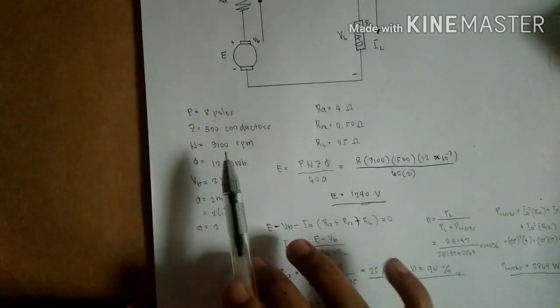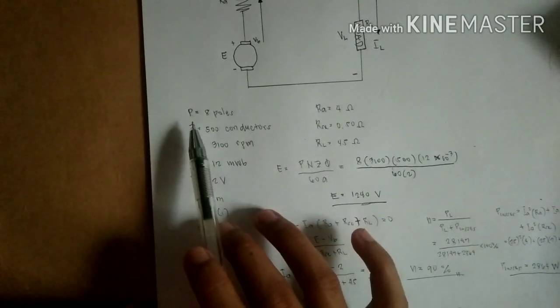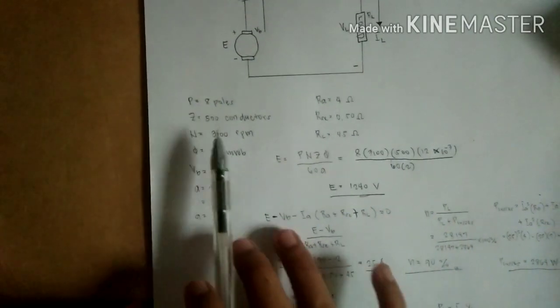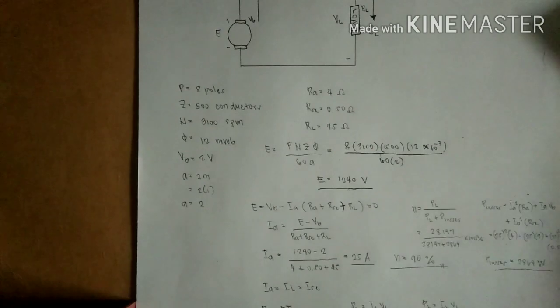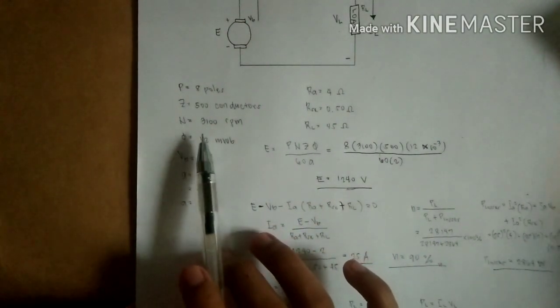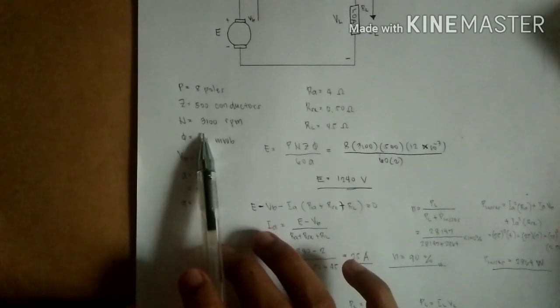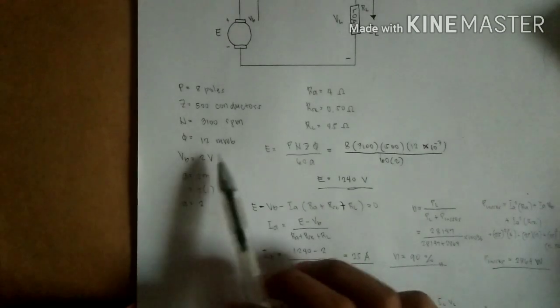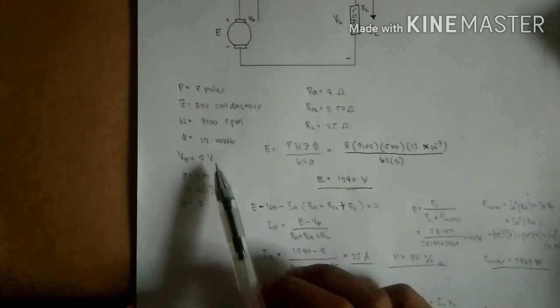I gave the given parameters. The number of poles in the armature is 8 poles. The total number of conductors is 500. The speed is 3100 rpm. The flux per pole is 12 milliweber.